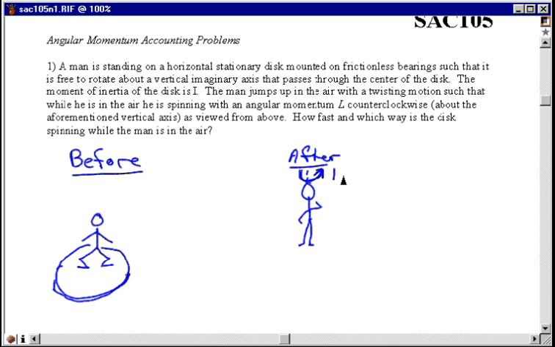With an angular momentum, we don't know how fast he's spinning or what his moment of inertia is, but his angular momentum is L counterclockwise, and this is going to leave the disk down below, so he's off of it. I'll draw the disk completely below him to make that more obvious.